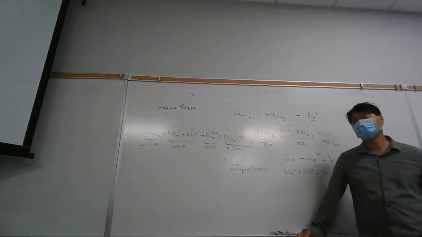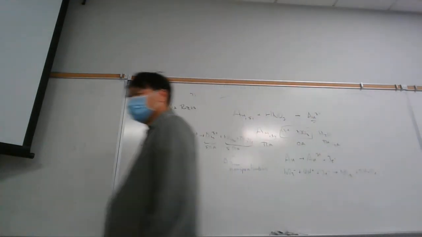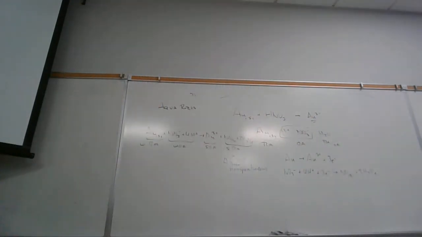I don't know if we have data for it in appendix D, but we could calculate it and then see, is there a temperature at which this will switch from non-spontaneous to spontaneous? But there's a major problem here.